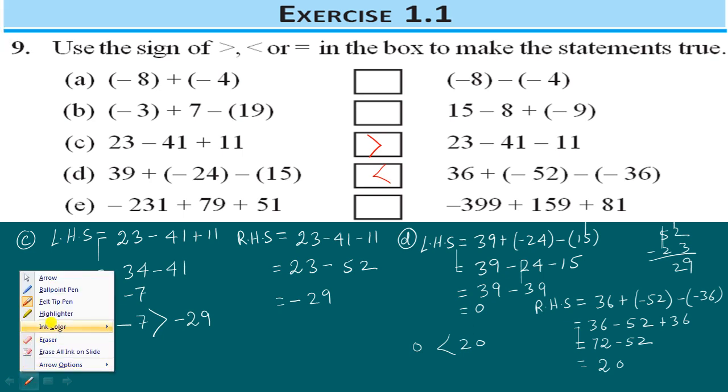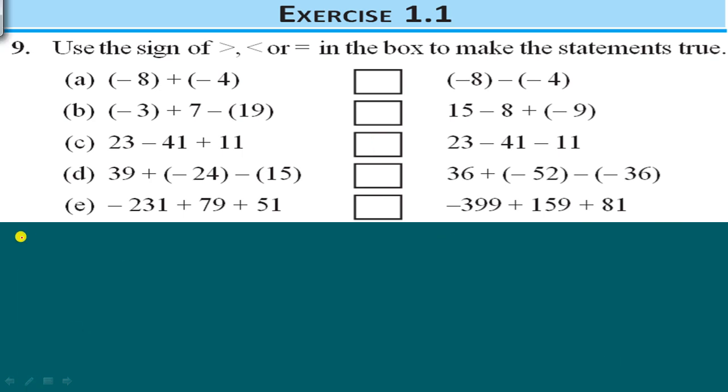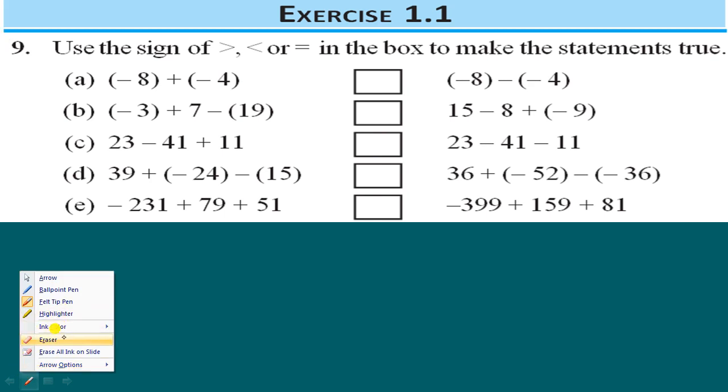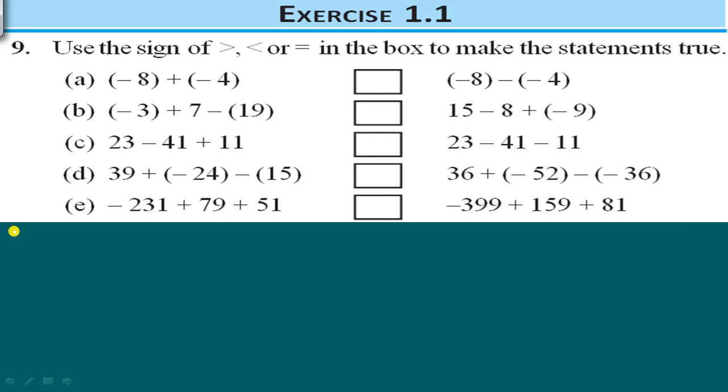Right? Now we are going to solve question number E. In question number E, we are getting left hand side is equal to minus 231 plus 79 plus 51. If we add all this, let us write in a proper way.